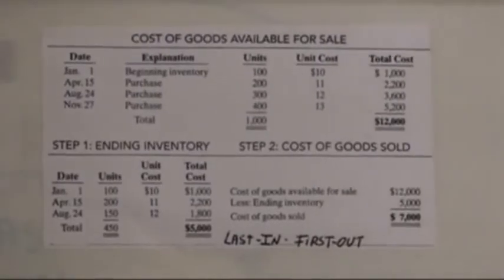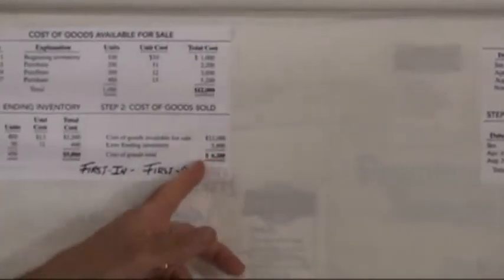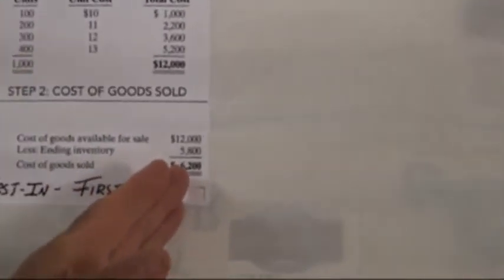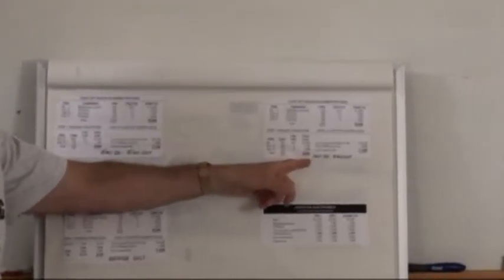In this case, when we used first in, first out, we actually kept more of the cost in our inventory and less in our cost of goods sold, and therefore our income became higher. The real cash flow is exactly the same for both of these companies, but all they're doing is massaging, manipulating the numbers to make their income lower so they'll pay less in taxes.